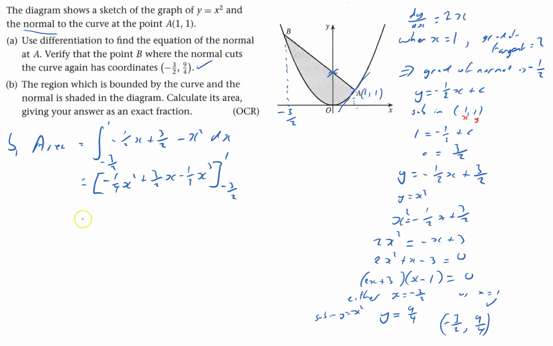Put those things in. Putting in 1, that's minus a quarter plus 3 over 2 minus 1/3, and then minus, putting in negative 3 over 2: minus a quarter times that squared, which is 9 over 4, plus 3 over 2 times negative 3 over 2, and then minus 1/3 times negative 27 over 8.